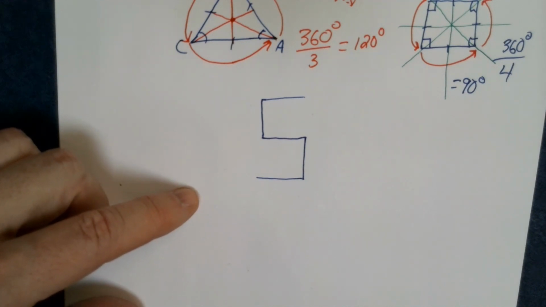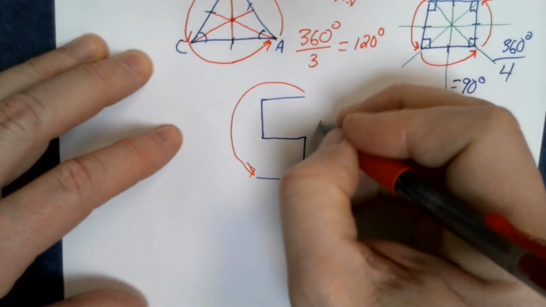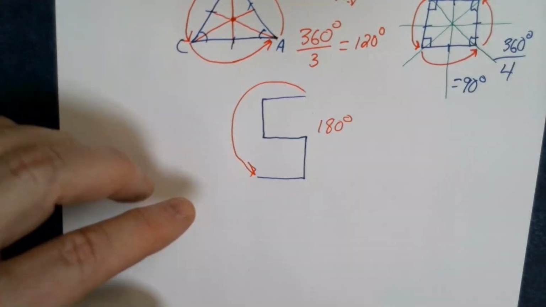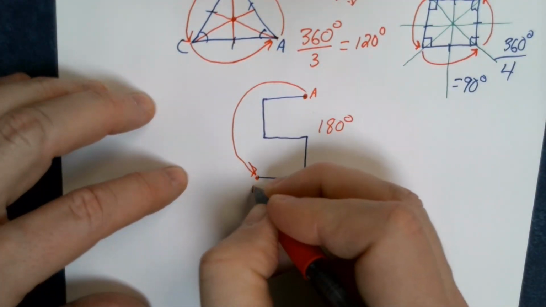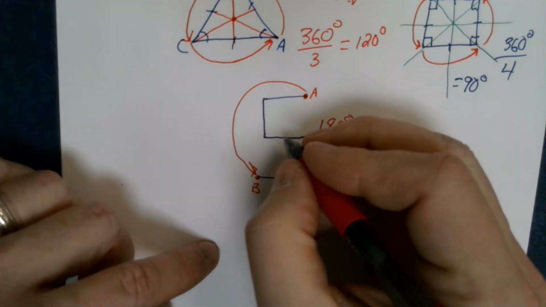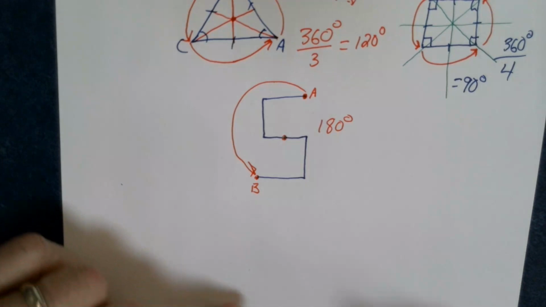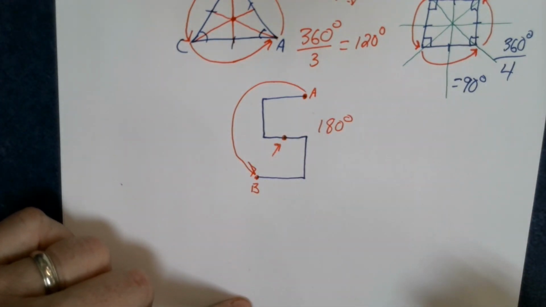So if I was to do this, I could rotate this 180 degrees, and this point right here, we'll call that A, would end up directly on B, and B would line up directly on A if I rotated it around that point. And that's called its center of rotation, wherever the point is that we were able to spin this thing on, for all the points to line up directly on top of themselves.